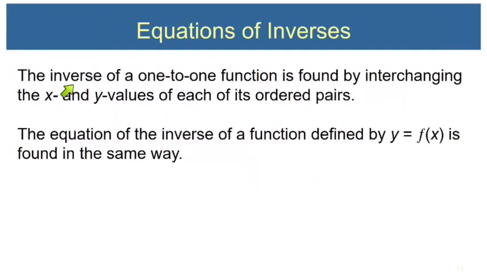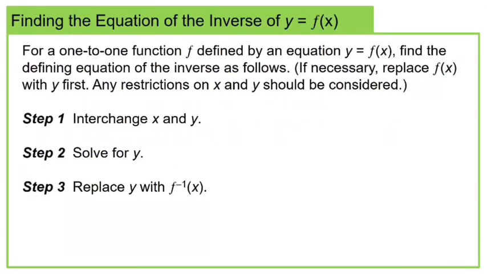Now, just as we can find the inverse of a set of ordered pairs by exchanging the x and y values, we can find the inverse of a function defined by an equation the same way. For a function that is one-to-one, we can find the inverse function using the following method. If necessary, replace f of x with y first, and then exchange the x's and y's.